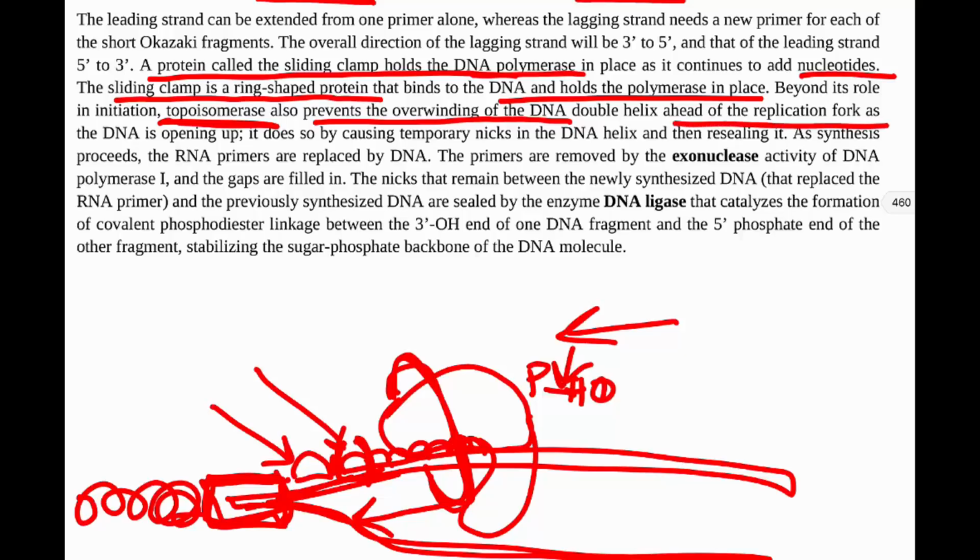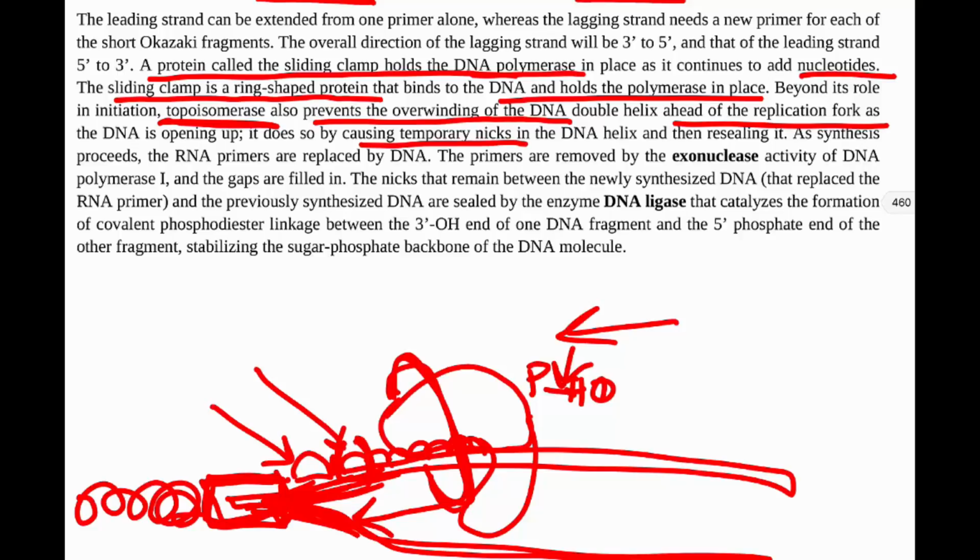So as we're going through and opening up this section here, if you've ever played with those telephone cords from a really long time ago, there are bracelets made out of that and things like that. If you unwind one section, it supercoils or makes other sections overwound. So it makes other sections tighter. So what topoisomerase 2 does also is it makes these temporary nicks in the DNA.